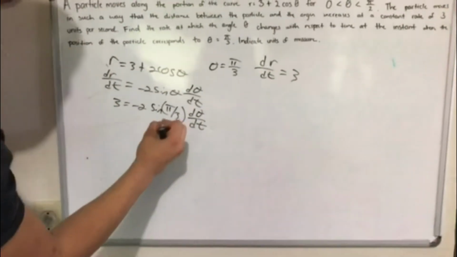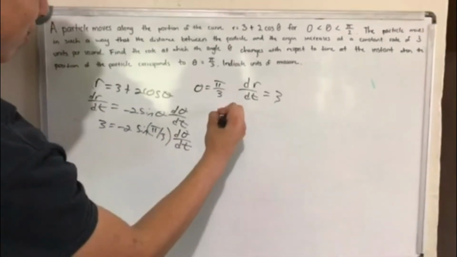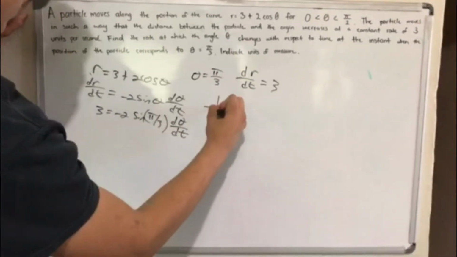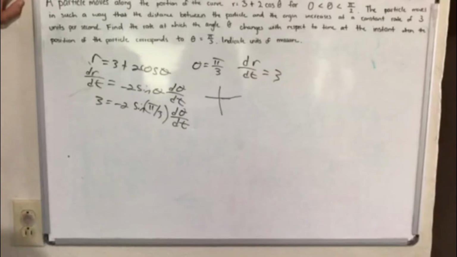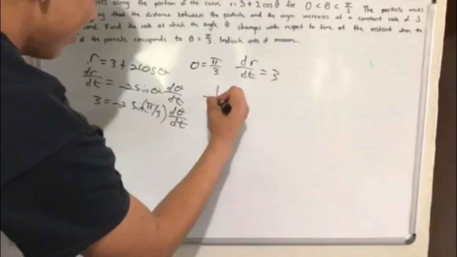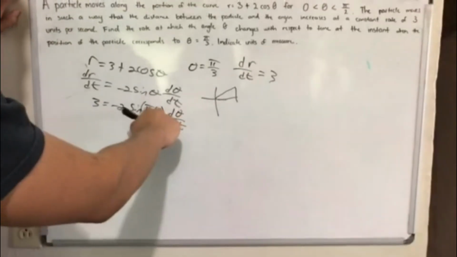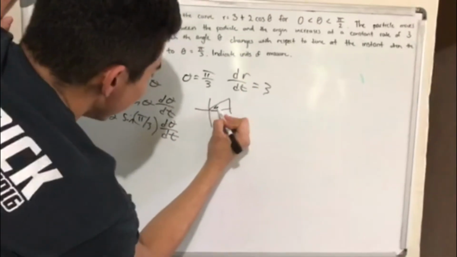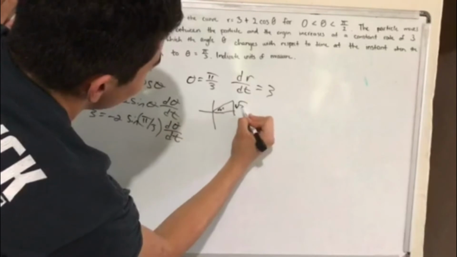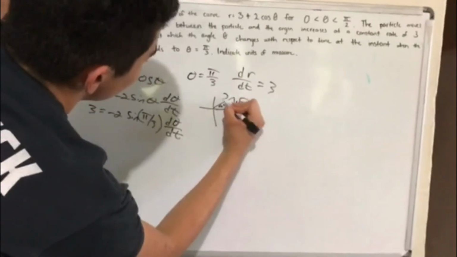And then to find this, you draw your graph and then your triangle. So pi over 3 is 60 degrees, which means that it's 1, radical 3, 2.